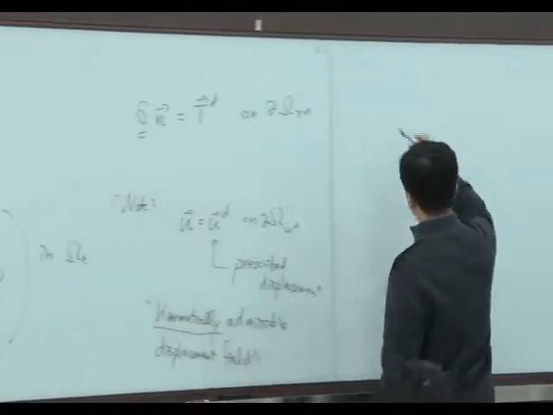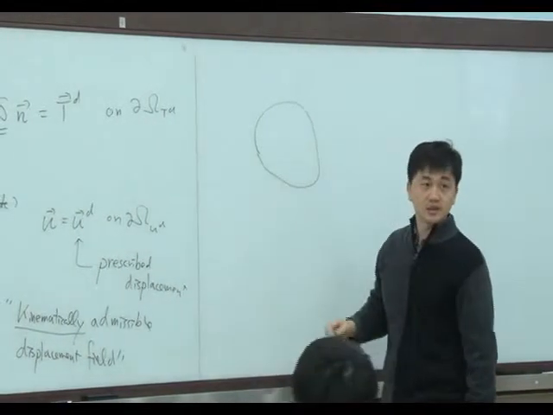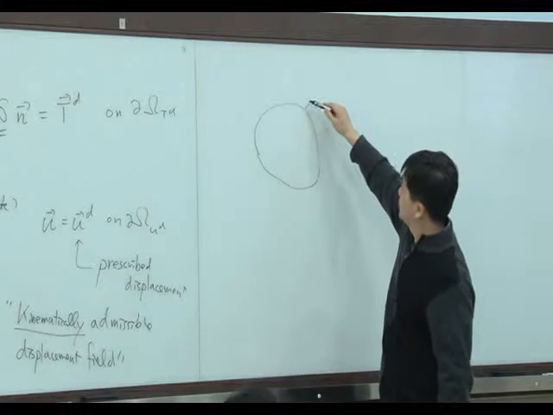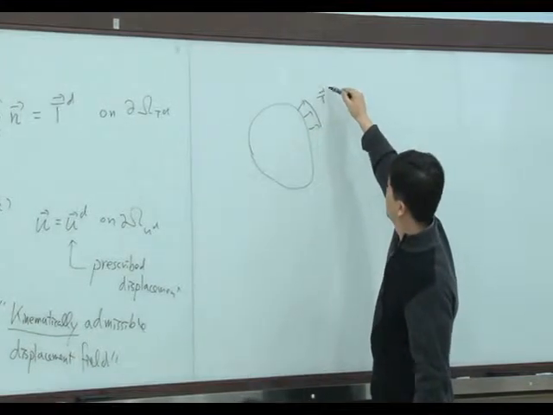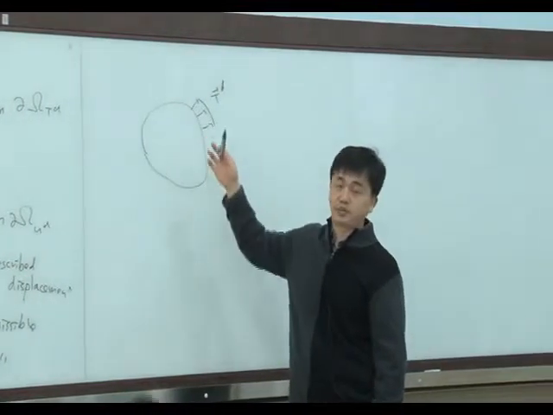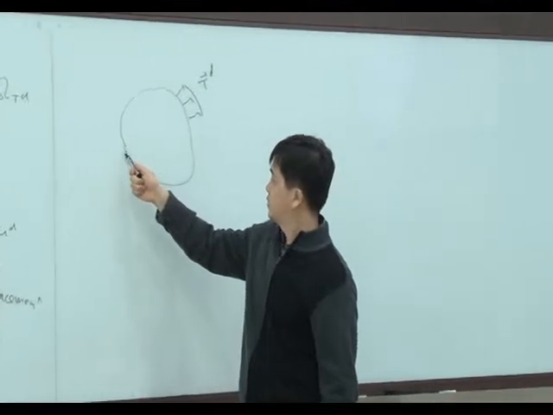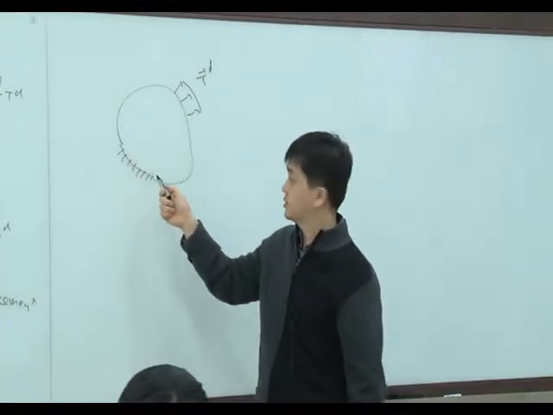So in solid mechanics we have a body, right? And some force is applied. This is a prescribed force or surface force. And we have some boundary condition. This part can be fixed.